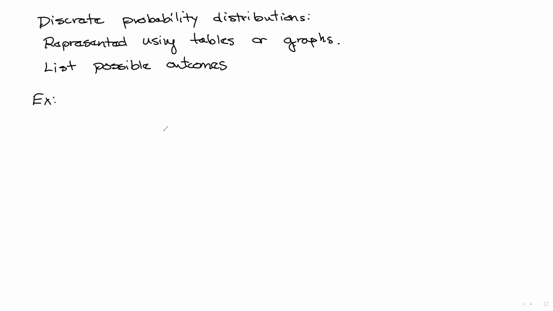Let's look at some examples. Suppose a stats class is 60%, or sorry, 40% male and 60% female.